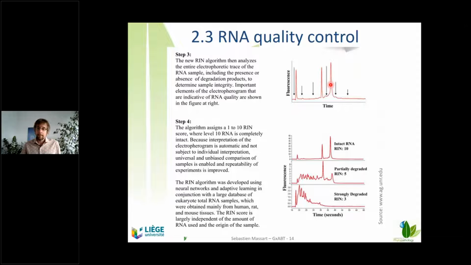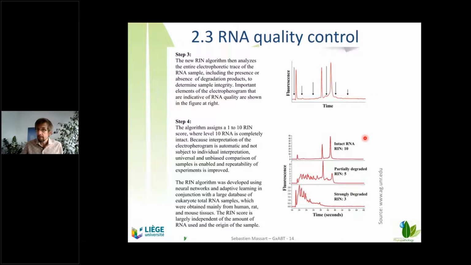Based on several elements, and this is the arrow that you see here, the software with the machine will calculate a score, which is called RIN, Relative Integrity Number. This relative integrity number will take into account the height of the ribosomal RNA and the quantity of the intermediate RNA.